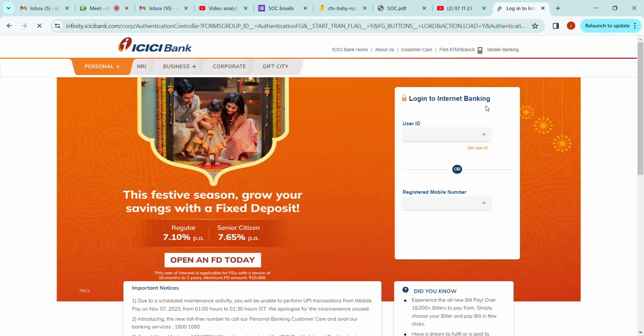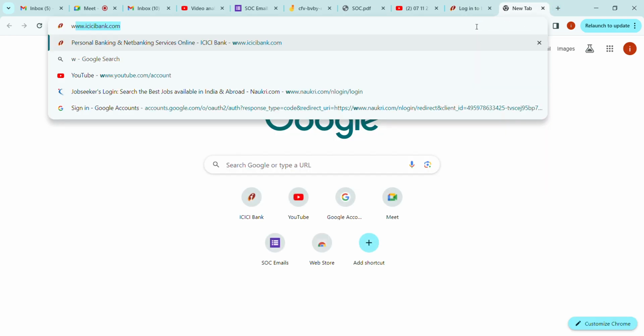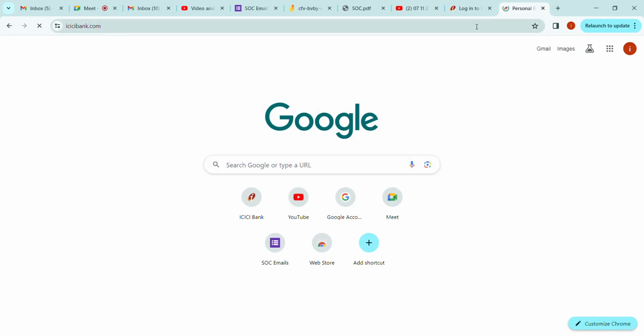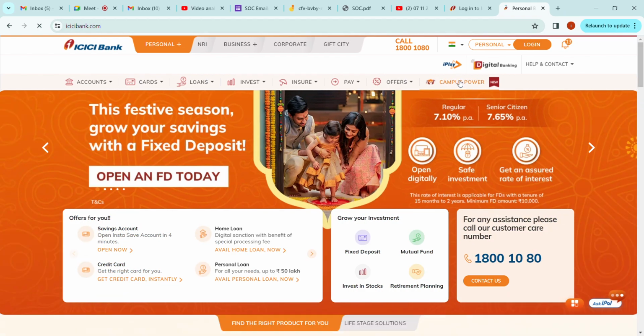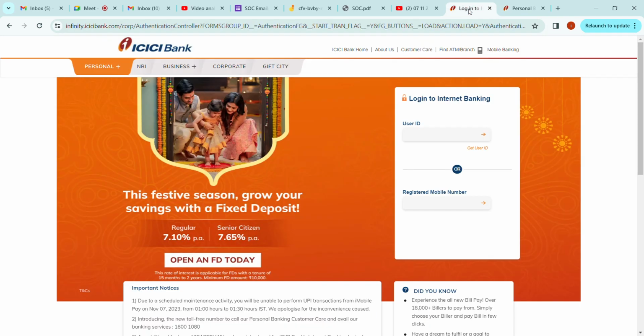So if you look at these three tasks, I went to the browser, I gave the website and entered it, and it has given me the connection. Basically we are trying to establish a connection with this website, and it happened in fractions of a second, right?